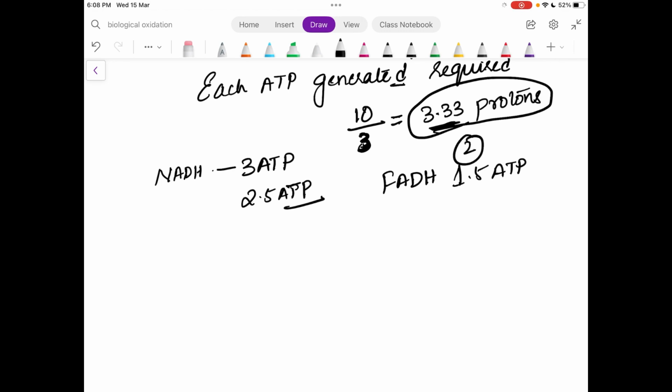Because research is going on and they are finding new processes every time, they have reduced the ATP formation to 2.5 through NADH, and through FADH from 2 to 1.5 ATPs. The actual value of protons for a single ATP will vary.